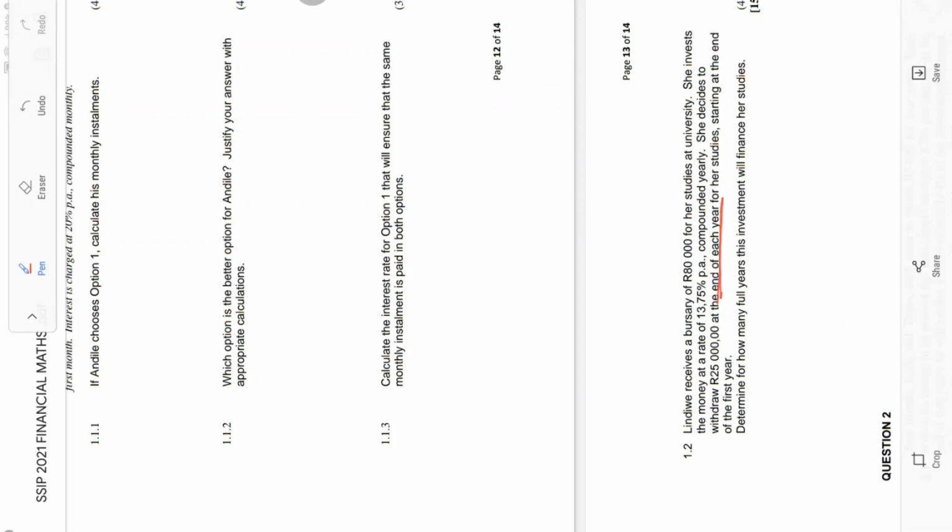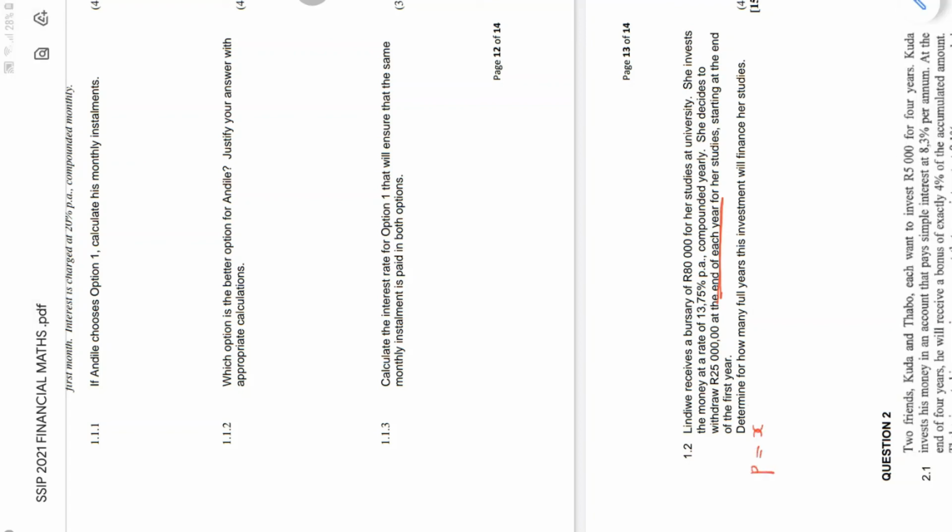So our formula is P equals X times 1 minus brackets 1 plus i to the power negative n, over i.